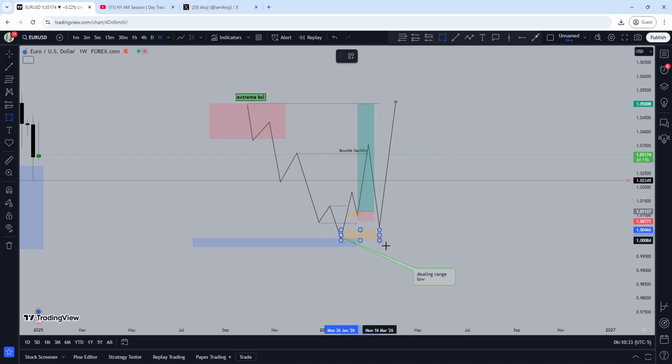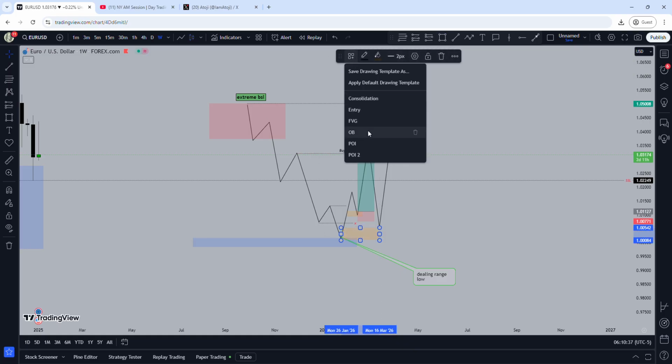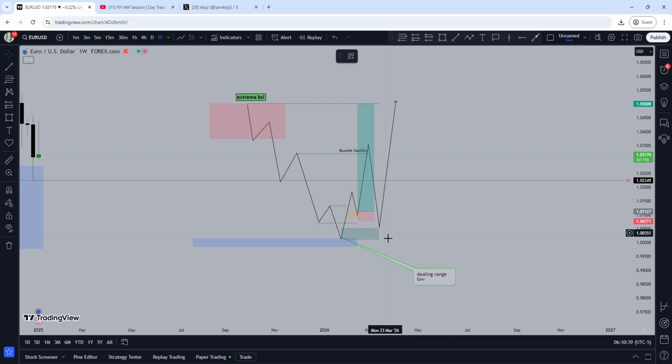Now this other block, whichever one is there, either a fair value gap or a what? An OB. But for this particular trade, you're not going to be targeting this.